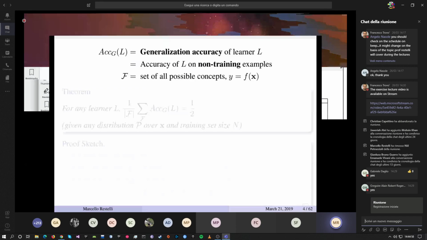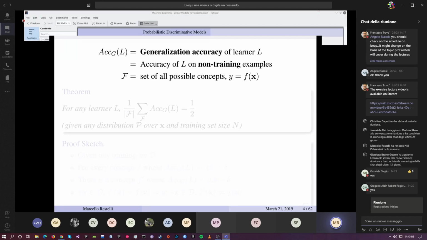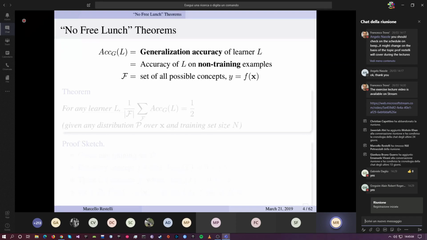So you have a data set that is used for training. You take this data set and you train your learner. Then you want to know the performance of the learner over a new data set that is different from the one used for training, and in particular it is the set of all the data that were not used for training.